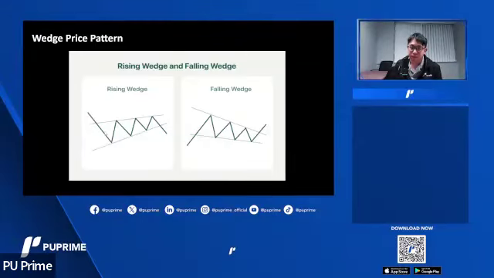If it happens amid a downtrend, it might be a continuation. But if it happens during an uptrend, you can imagine it goes up like this until this level, and it becomes like this. It is still going up, but it's getting narrower and narrower.